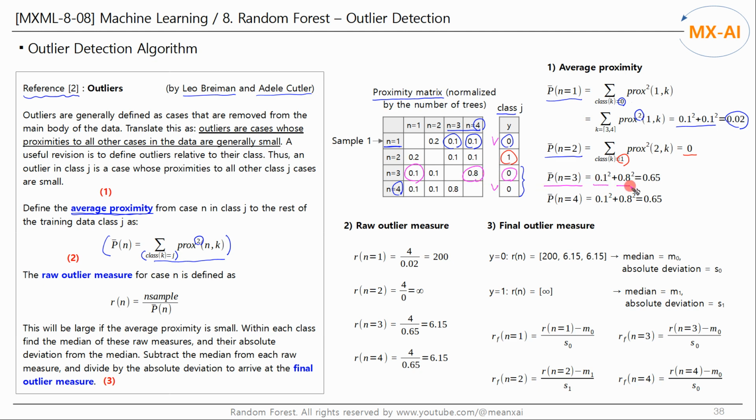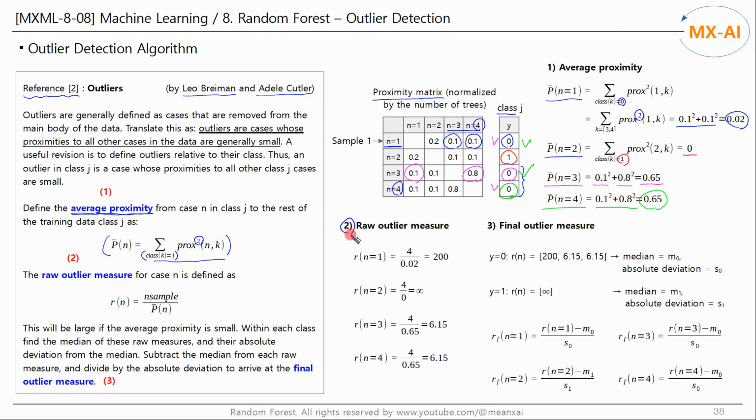After squaring these values and adding them together, we obtain an average proximity of 0.65. Sample 4 also belongs to class 0, and its proximity values to samples 1 and 3 are 0.1 and 0.8. Therefore, its average proximity is also 0.65. Samples with smaller average proximity values are more likely to be outliers because they are less similar to the other samples in their own class.